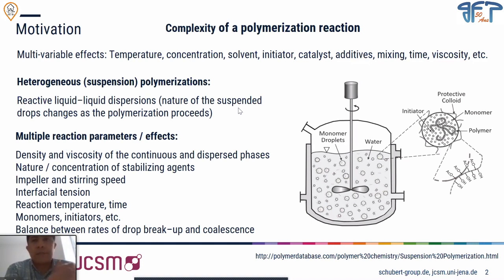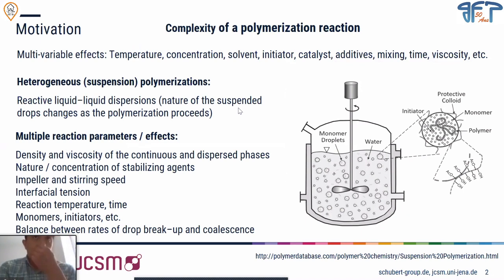In such a way, you can achieve more experiments at a given time with less people or less effort, let's say, and you can explore more the parameter space to investigate different effects of reaction conditions, concentrations, solvents, etc. So this is the motivation behind the use of these techniques.